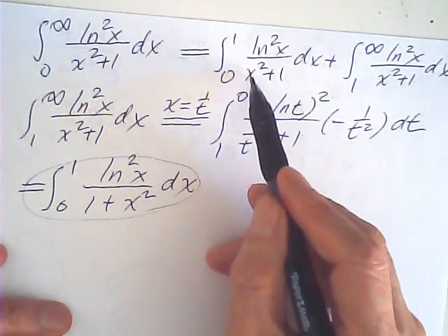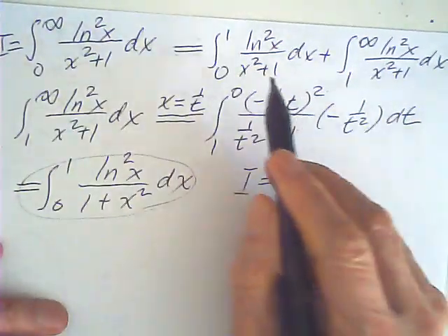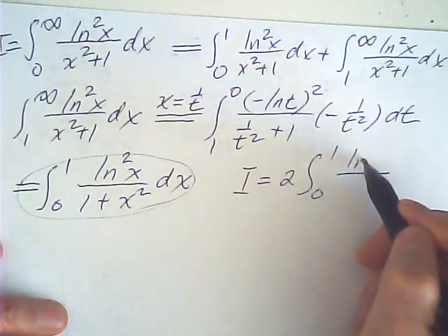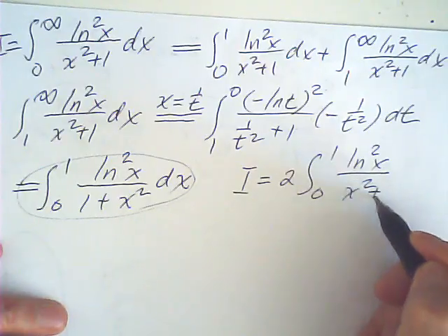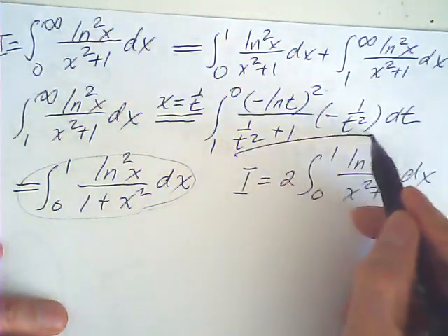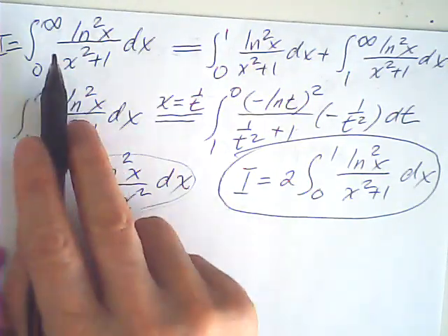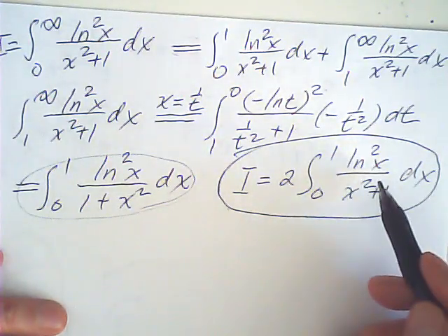Which is the same thing as this. Therefore, my target integral is equal to twice the integral of log square x over x squared plus 1. So this is my target integral, which is twice this integral.